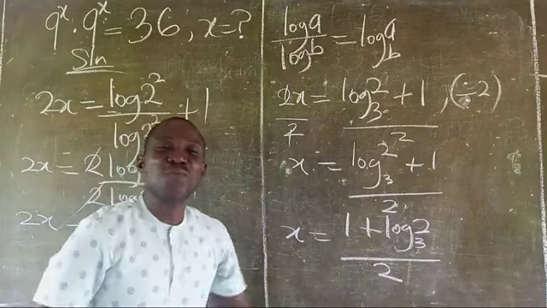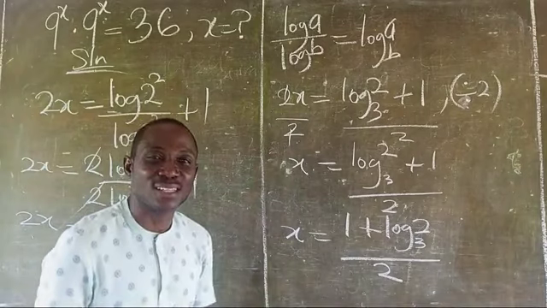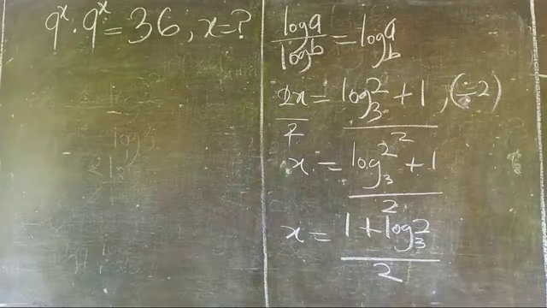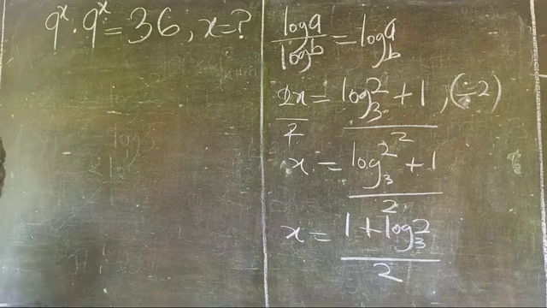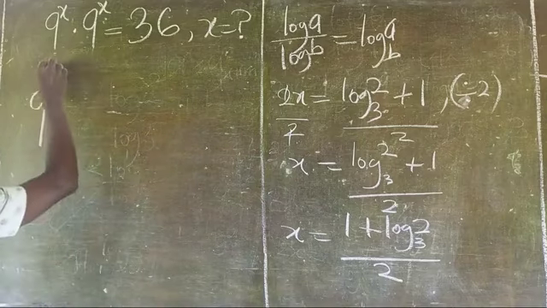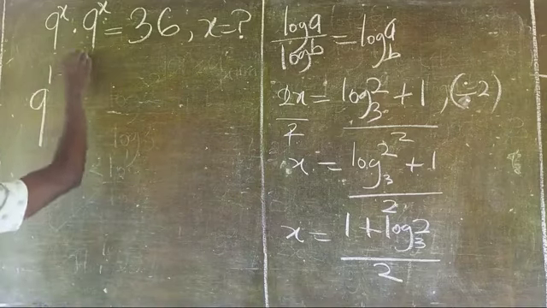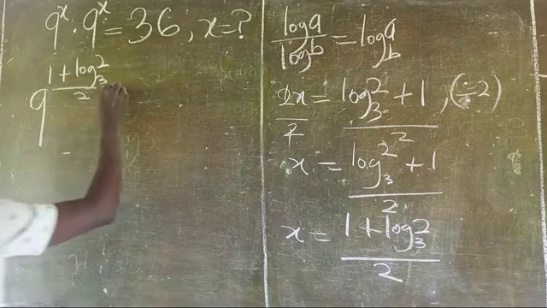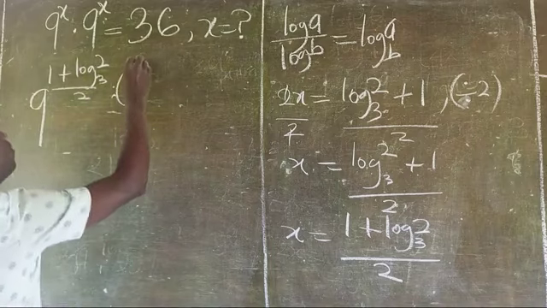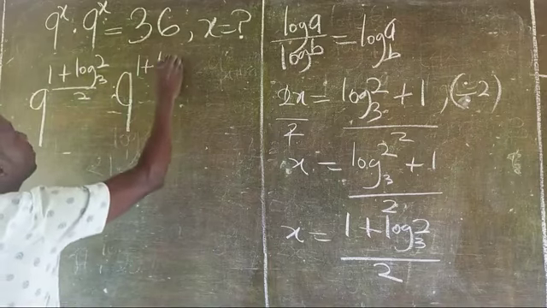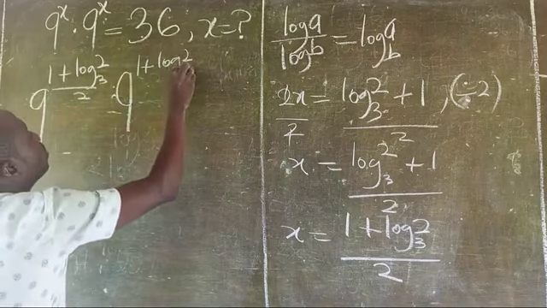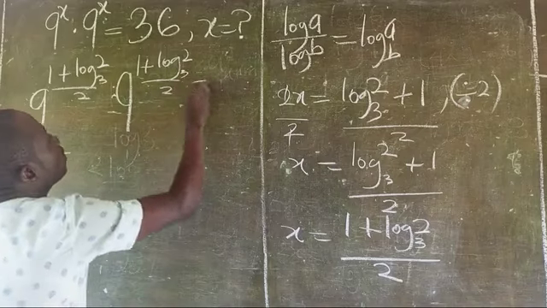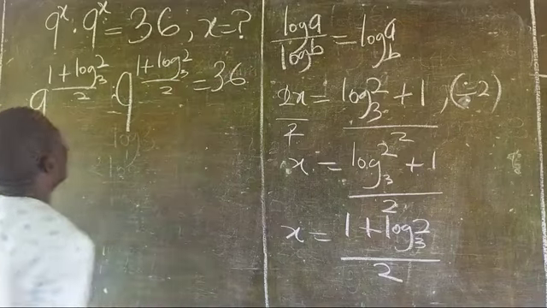So we want to verify if this answer actually satisfies our original equation. So to verify our answer, in place of x, we are going to put 1 plus log 2 base 3 all over 2. So it becomes 9 raised to power 1 plus log 2 base 3 all over 2, times 9 raised to power 1 plus log 2 base 3 all over 2, is equal to 36.